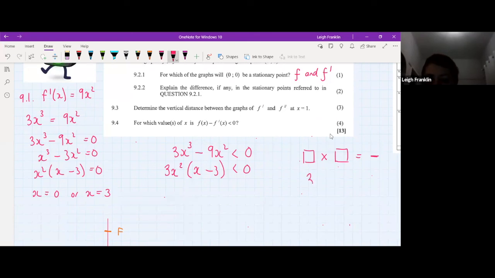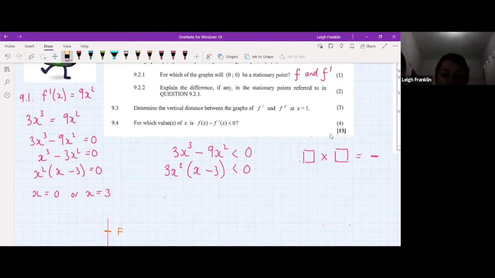Is it possible for 3x squared to be negative? Can 3x squared ever be smaller than 0? It can't be, because anything that's squared has got to be positive.